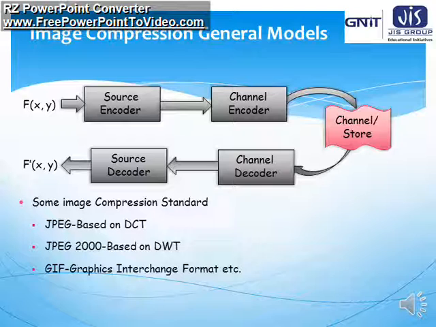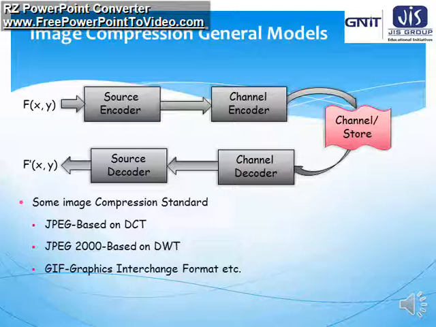The stored or transmitted images are fed into the channel decoder first. At the receiver side, the output of the channel decoder is given to the source decoder to find the corresponding images. So by this image compression model, we are getting the original image from the compressed image.